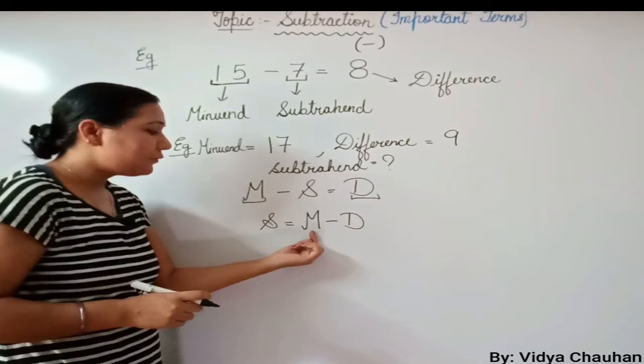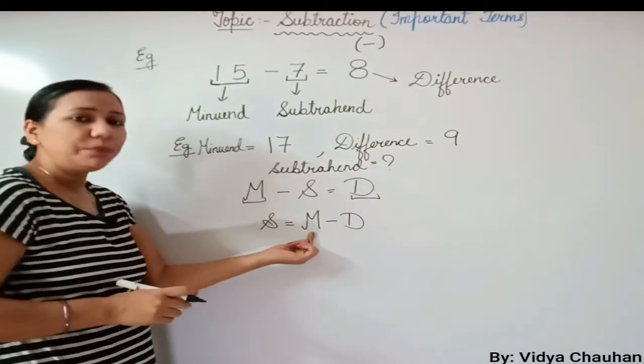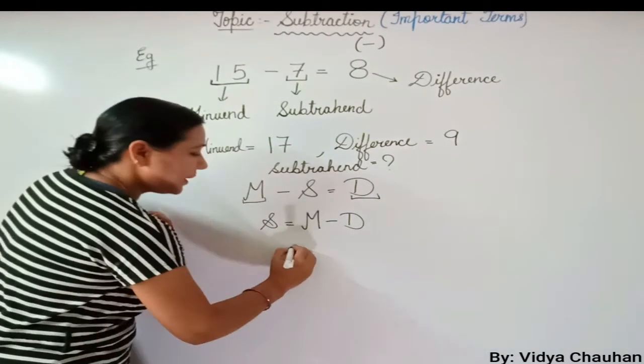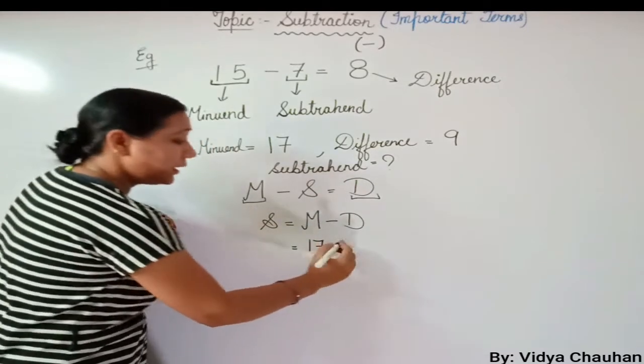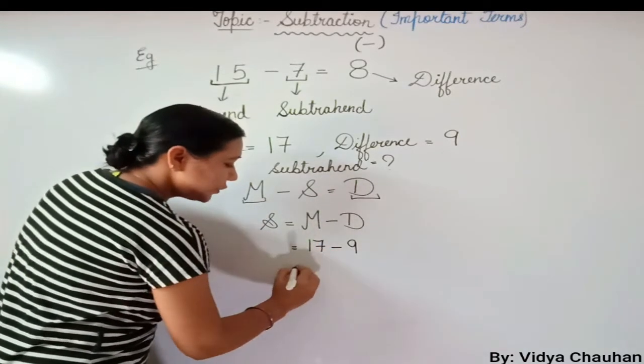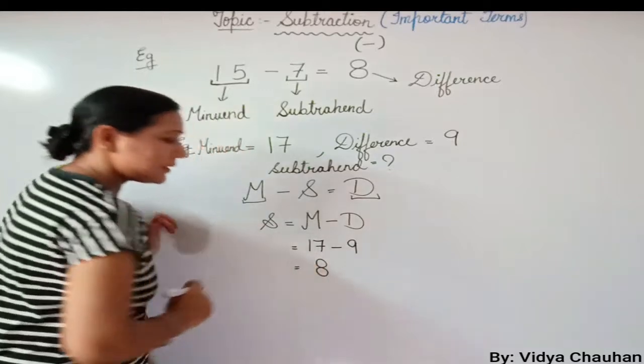That means you have to subtract the difference from the minuend. For this example, minuend is 17 minus 9, so our subtrahend is 8.